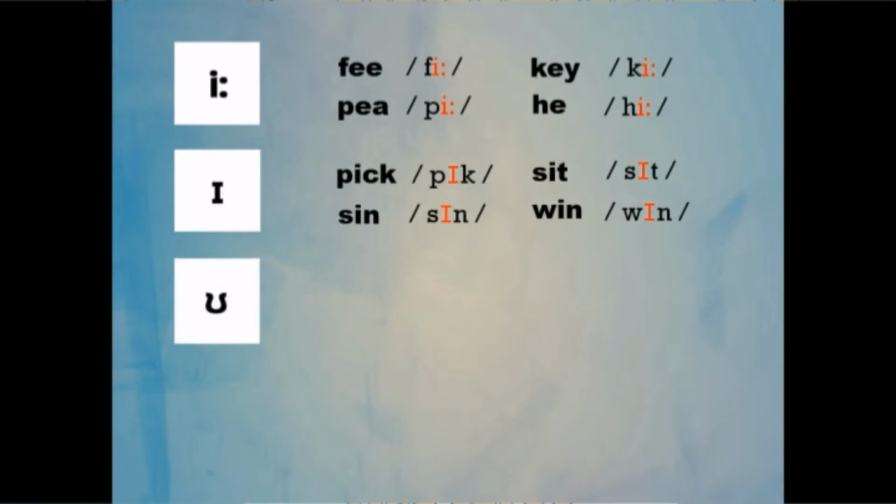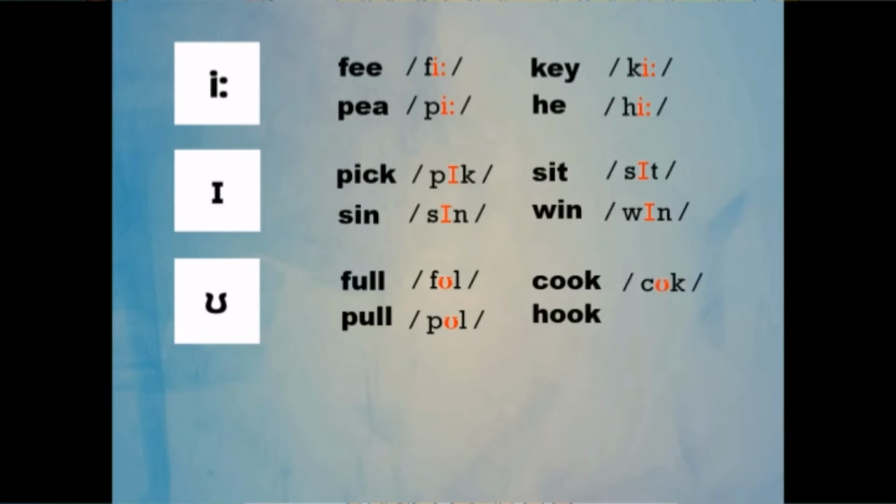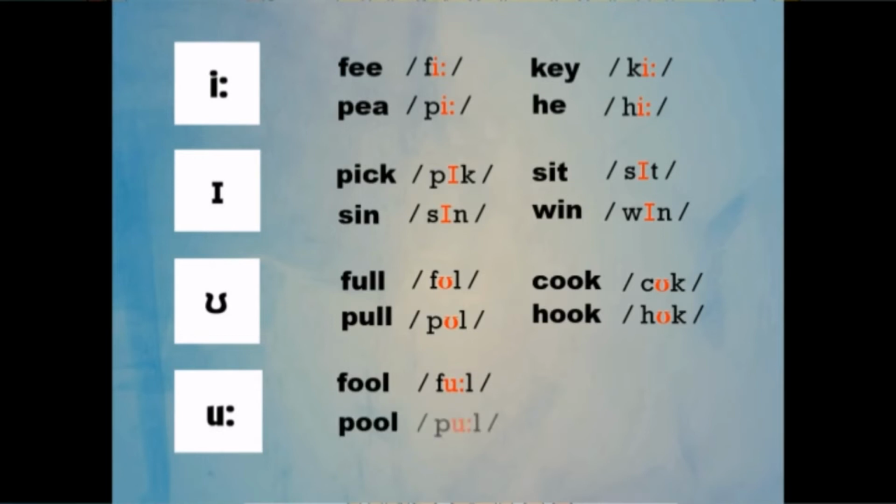This is the short U, as in full, pull, cook, hook. While this is the long U, as in pool, true, you.